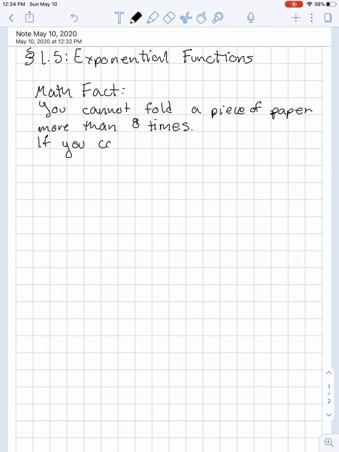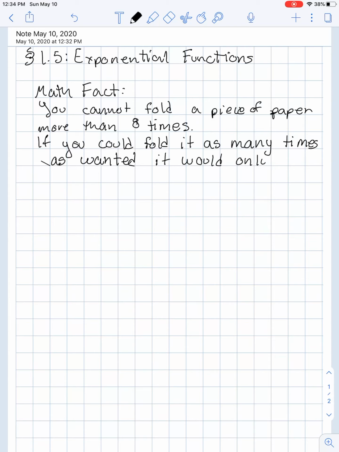If you could fold it as many times as you wanted, it would only take 42 folds to reach the moon.